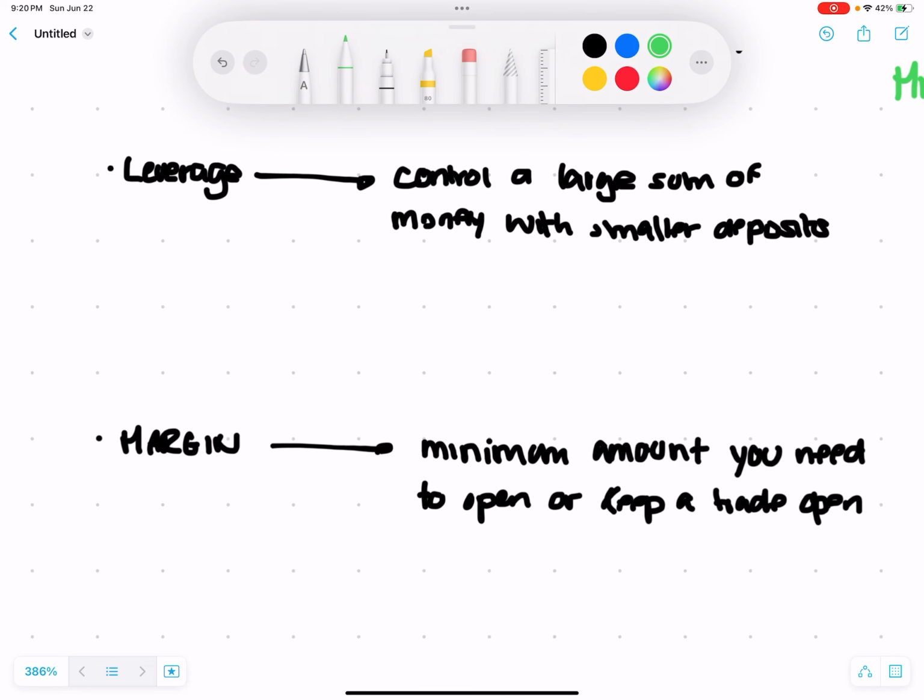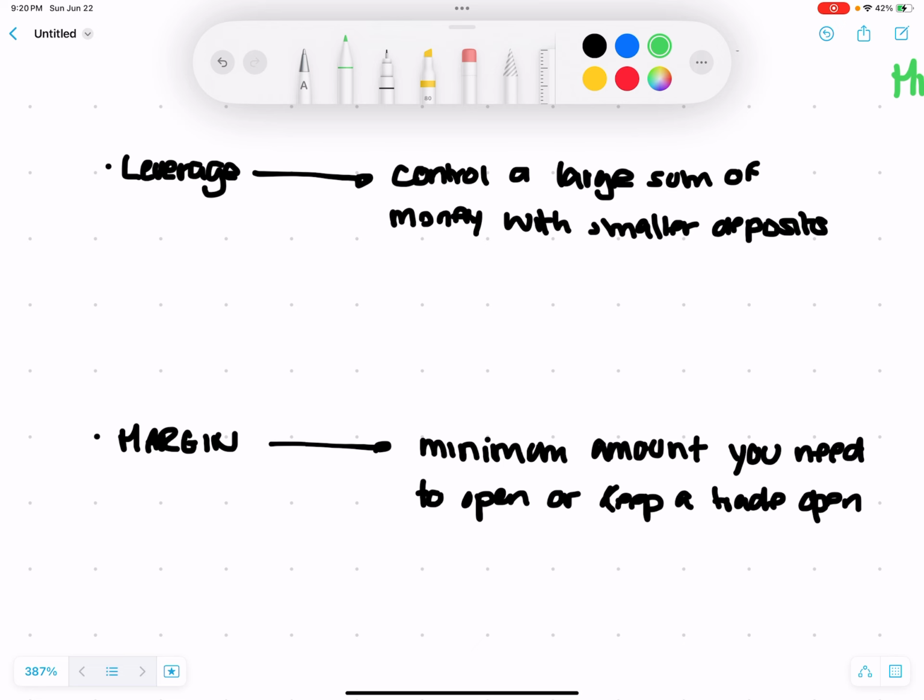All right. Now let's talk about leverage. This is where it gets interesting. What is leverage? Leverage lets you control a large amount of money with a smaller deposit. Let me give you an example. It's like putting down a security deposit to rent a car.